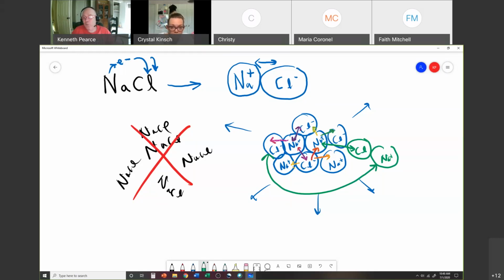Not only that, but the repulsions are also there. So if we look at repulsions, this chlorine is repulsed by that chlorine right there, and this chlorine is repulsed by that one right there. And these two repel each other right there. So the sodiums and the chlorines are all attracted to each other, and the chlorines and chlorines, sodiums and sodiums, are all repelled by each other.